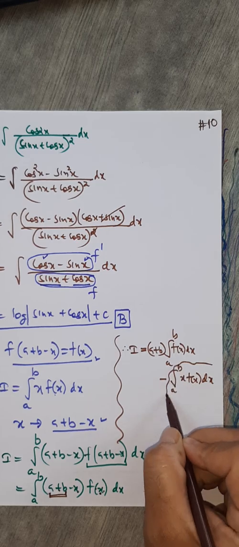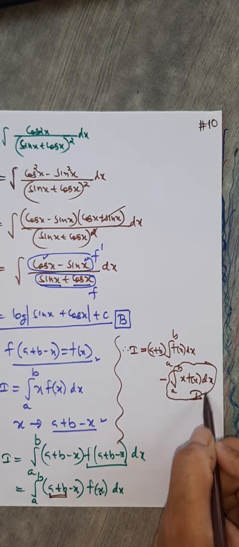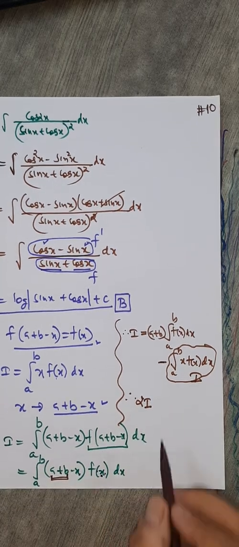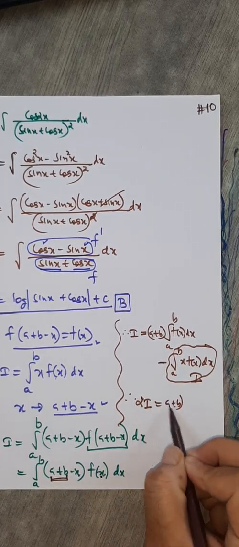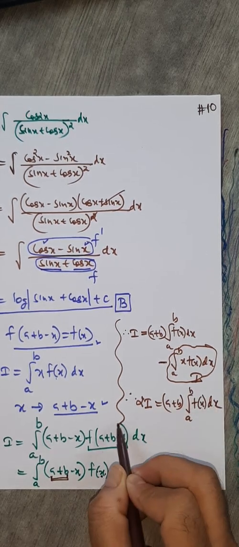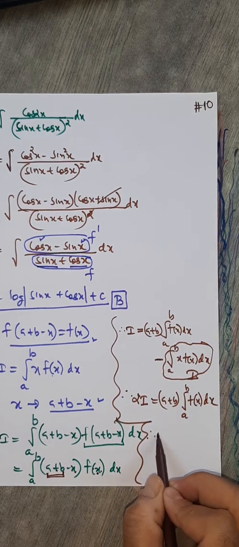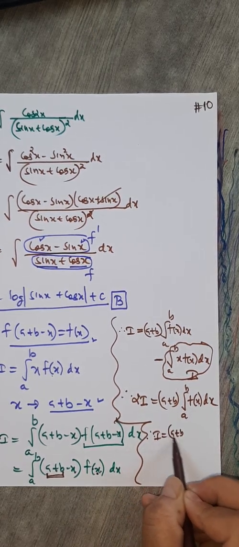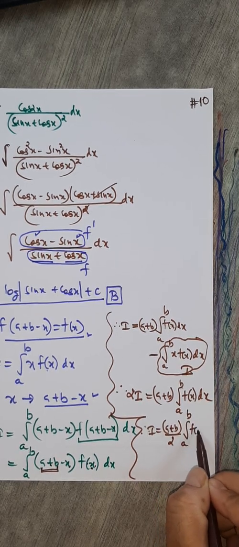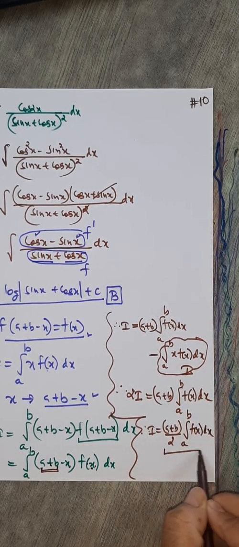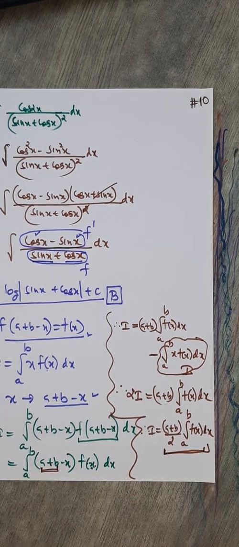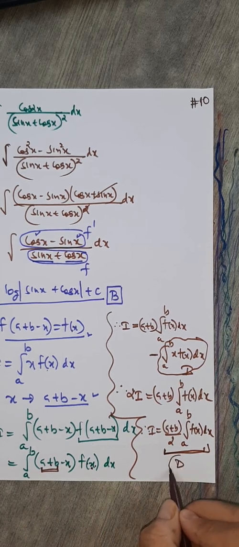You know that this is nothing but the given integral I. Take it on the left hand side, so it becomes 2I equals a plus b into integral a to b fx dx. Therefore I equals a plus b by 2 integral a to b fx dx. This is the required integral, which is nothing but your choice D, I suppose.